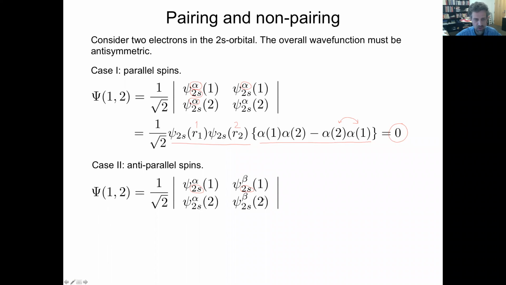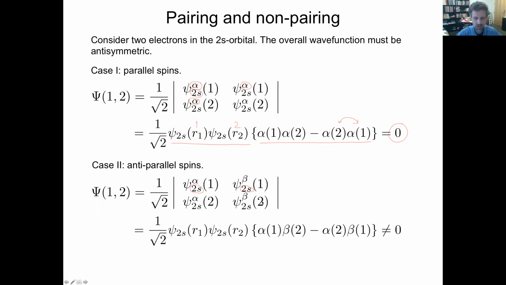So this is the 2 by 2 determinant that I can write for case number 2, where the two electrons have different spins, but they're still accommodating the same orbital, in this case, orbital 2s. If you multiply this one out, you can see again, I have an orbital state, and the orbital state is the same as the one before, but the spin state here is not the same as the one above, because now I have alpha 1, beta 2 minus alpha 2, beta 1.